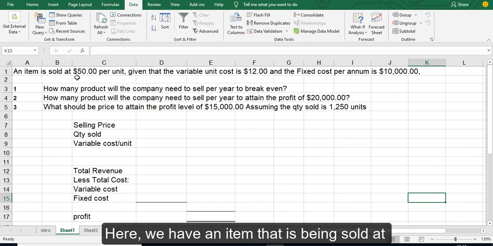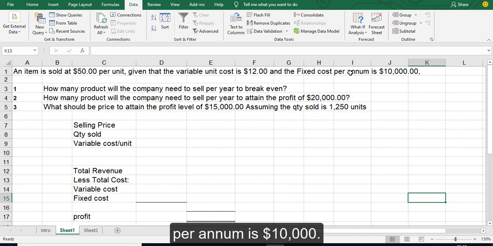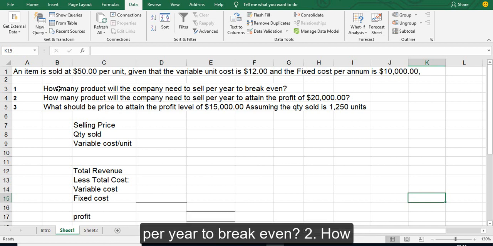Here, we have an item that is being sold at $50 per unit. The variable cost per unit is $12, while the fixed cost per annum is $10,000. Now, calculate: 1. How many products will the company need to sell per year to break even? 2.